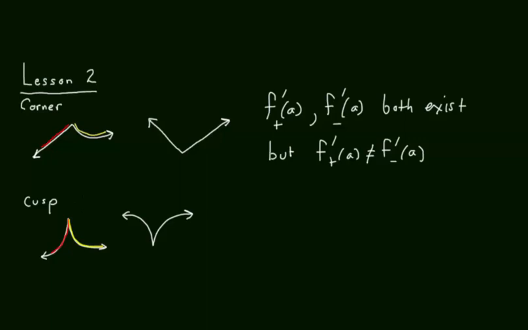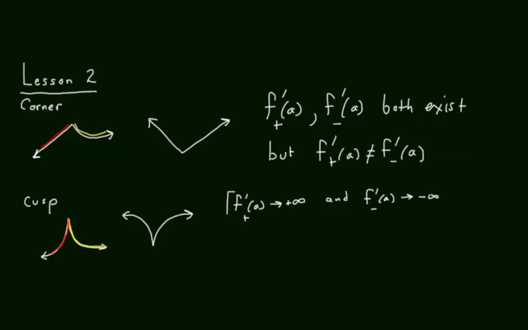So the criteria mathematically for this cusp is that f prime of a from the right approaches positive infinity, and at the same time f prime of a, as we approach from the left, is approaching negative infinity.